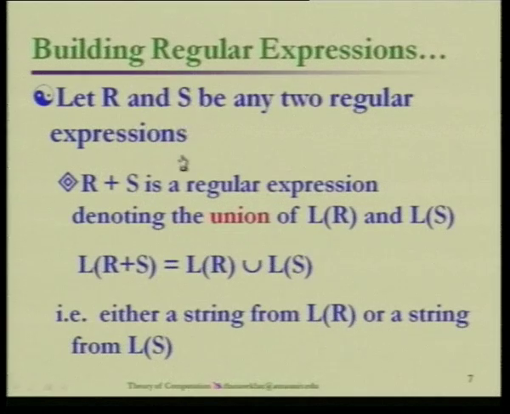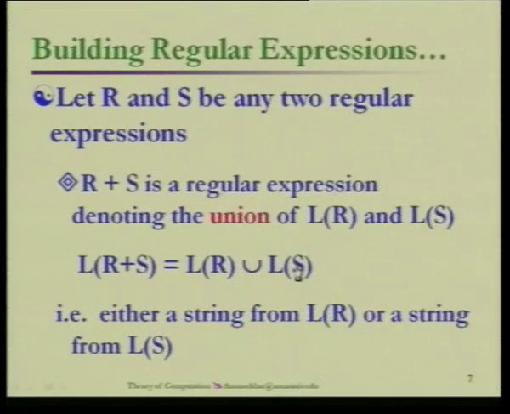Now, the question is how do you form a new language which contains strings from R or strings from S. If you want a new language, that is L of R plus S, what do we expect of it? It can have any string from L of R or any string from L of S. We are not talking about repetition of strings, but about either a string from L of R or a string from L of S exactly once.